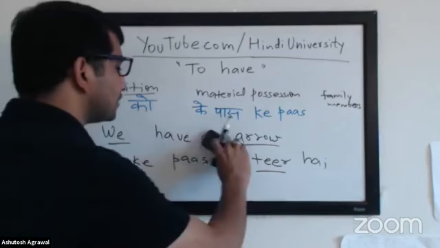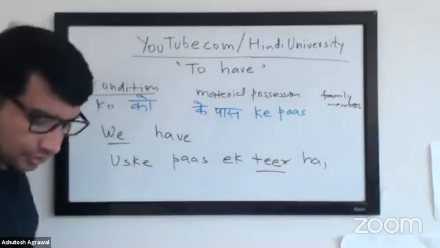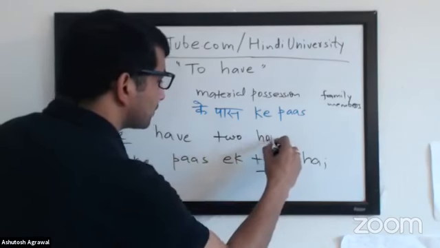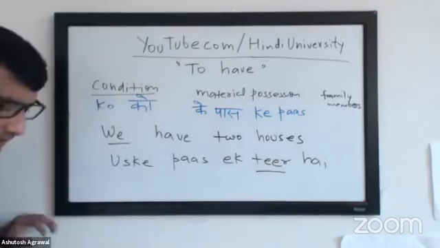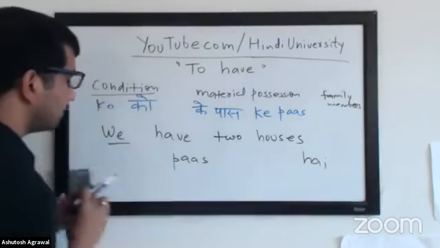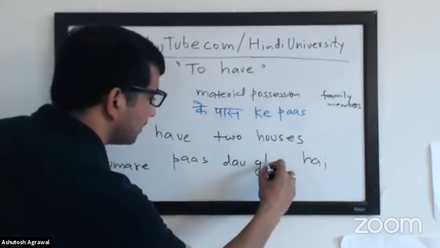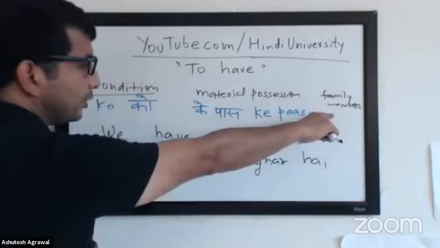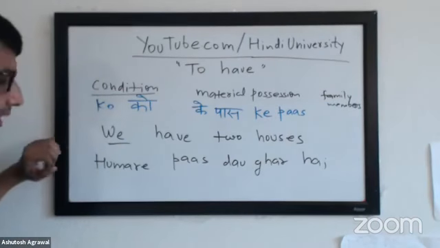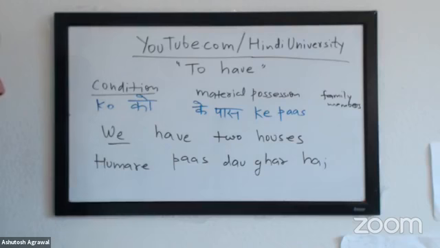We have 2 houses. Okay, so you said we have 2 houses. And the answer is hamare paas do ghar hain. I'll tell you in the third scenario also you can use it, but right now it's okay to use this one. Hamare paas 2 ghar hain. Okay, great.